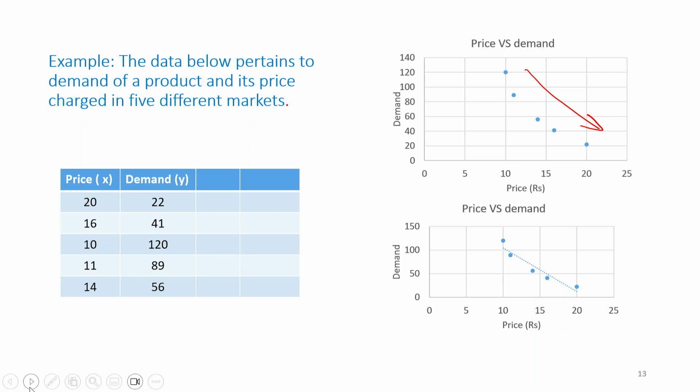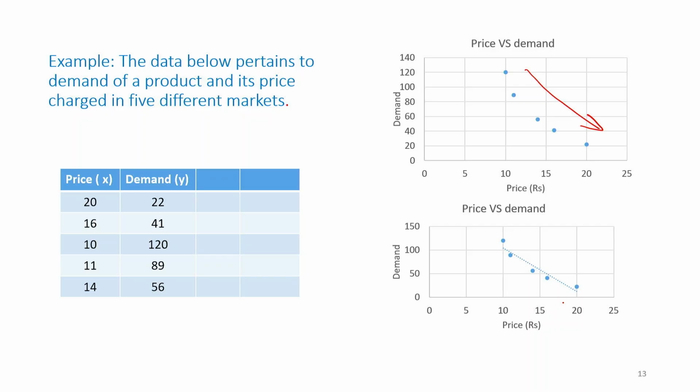And if we try to fit a straight line, then you see this is the trend line that will appear. But if I look at the way the points are there on the xy plane, it appears there is a nonlinear relationship between these two.